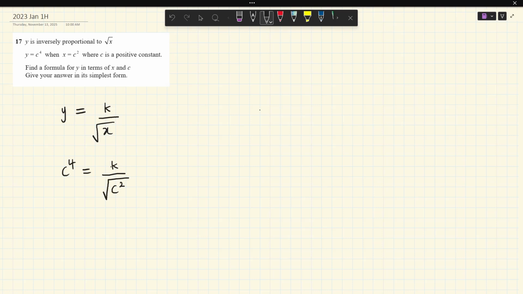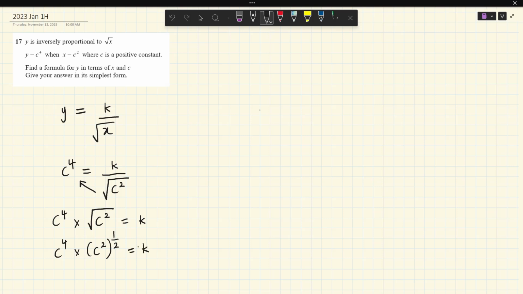Now we need to find k, so we can cross multiply here. So c to the power 4 times root of c to the power 2 equals k. Root means to the power half.